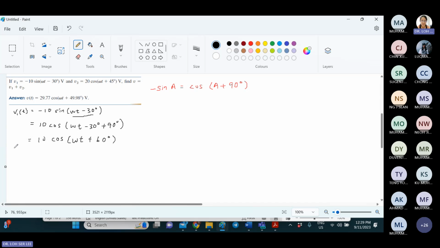So now you can get your first phasor, which is Vm, 10 angle 60. So far, okay?